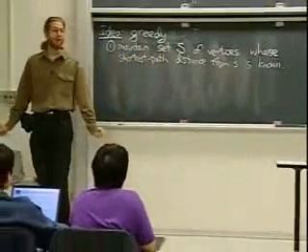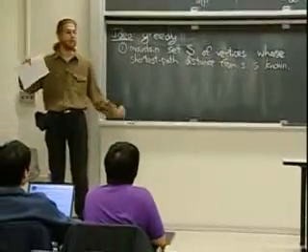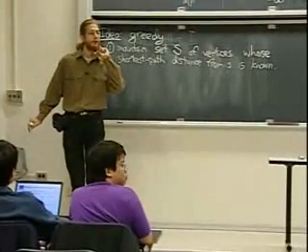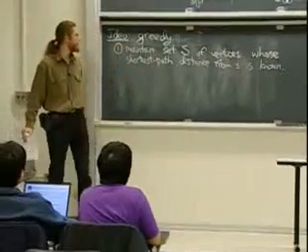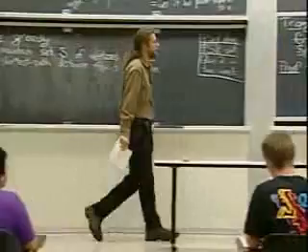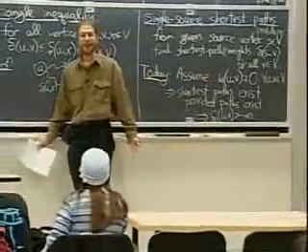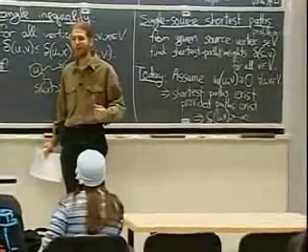So for starters, which distance do I know? Sorry? S. Yeah, I know the shortest path distance from S to S because if I assume that all of my weights are non-negative, I really can't get from S to S any faster than not doing anything.